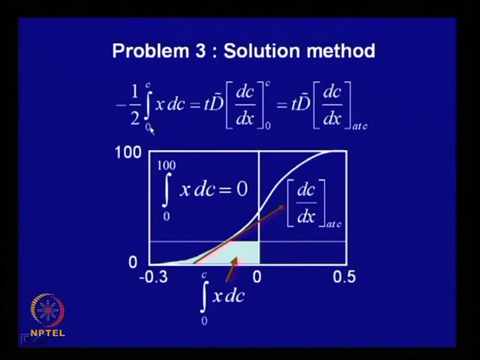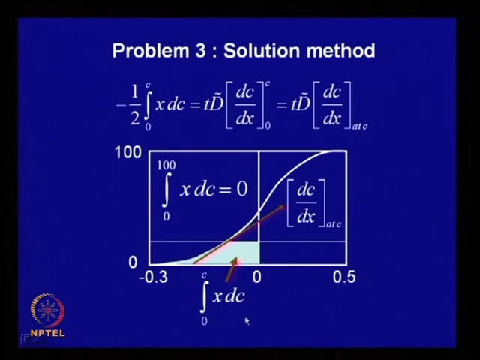Look at this, this is the integral of x dc, where x is the distance and c is the concentration. In this concentration profile curve, the y axis is the concentration and this axis is the distance. To locate the Matano interface, you need to look at this concentration profile and select a place where this area and this area are equal.